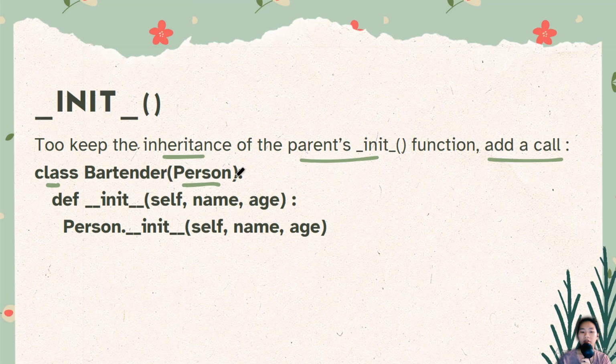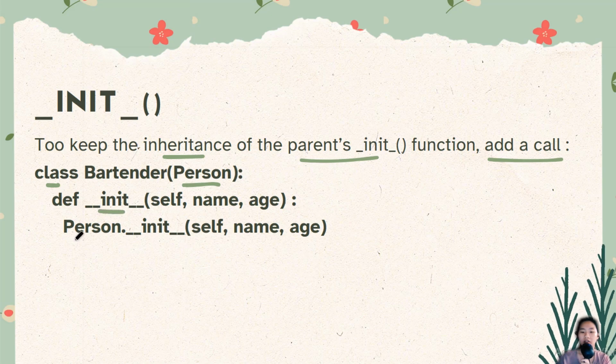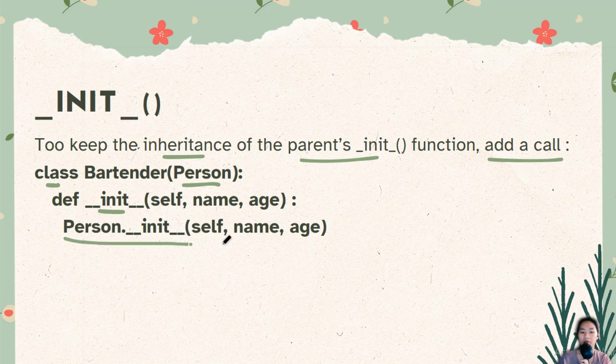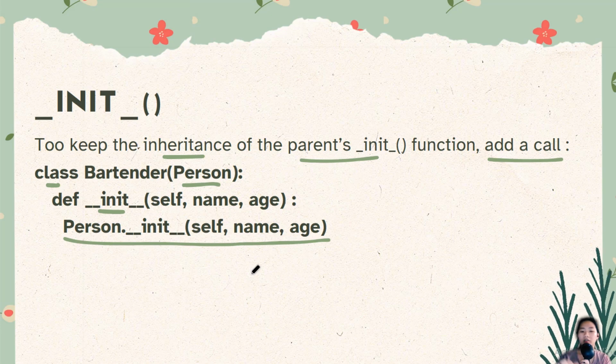This is the parent over here with its own init function. Now you just simply need to call person init. It's basically just calling the init function of the parent within the init function of the child class. It's like picking up a phone and calling your parents kind of thing.